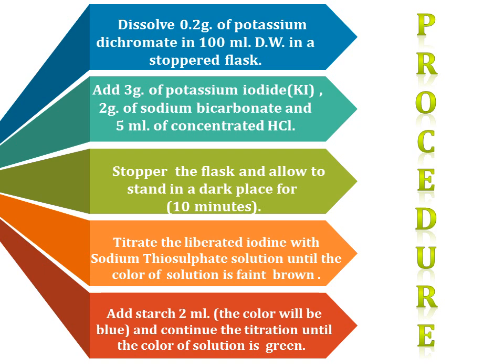Potassium dichromate must be accurately weighed, pure, stable, anhydrous, non-hygroscopic, non-toxic, and soluble in titration medium to be used as primary standard. Potassium dichromate is an oxidizing agent in the standardization of sodium thiosulfate solution.